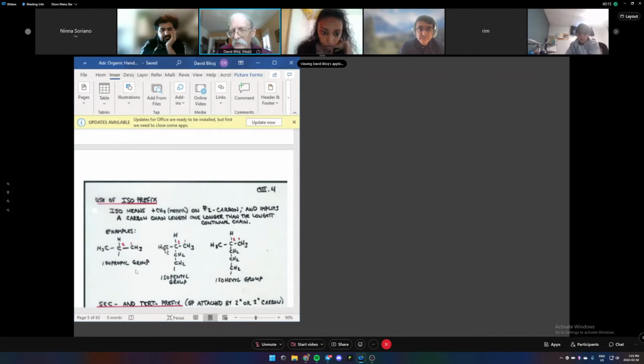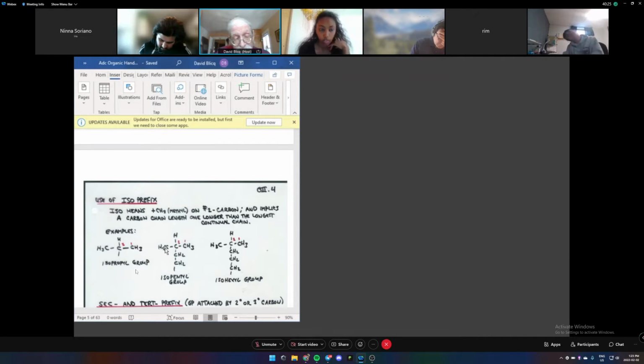So be aware, you might want to write this down, expect to see a few iso compounds in your instrumentation. I don't know if you'll see them this term, but you might start to see them. Isopentyl groups, isopropyl groups, and isobutyl groups. And here's an isohexyl group. 1, 2, 3, 4, 5 is pentyl, but when you're using the word iso, it means it's 6, hexyl.